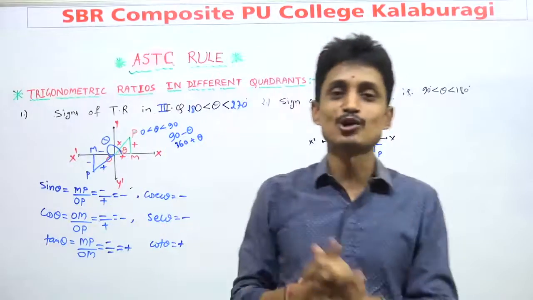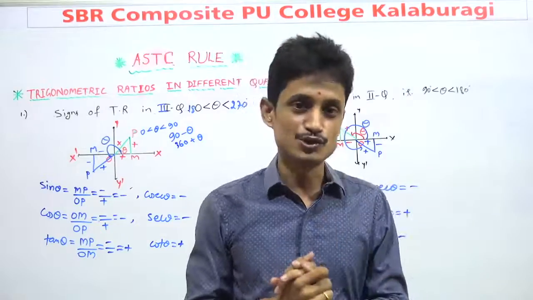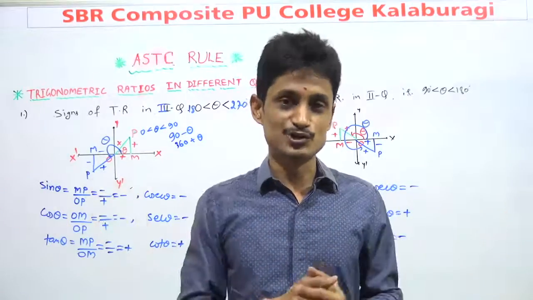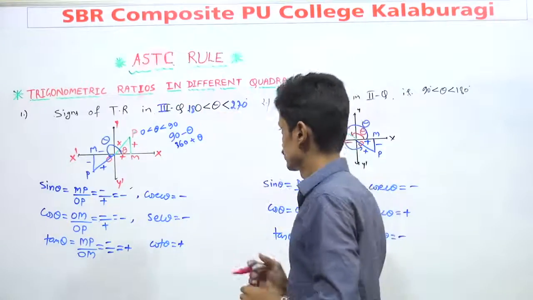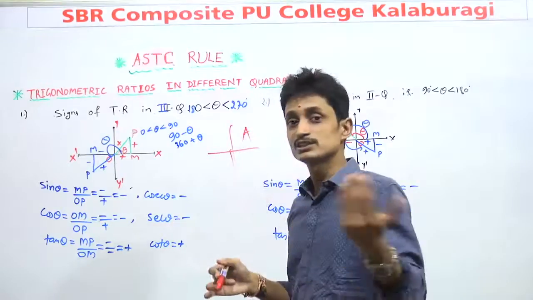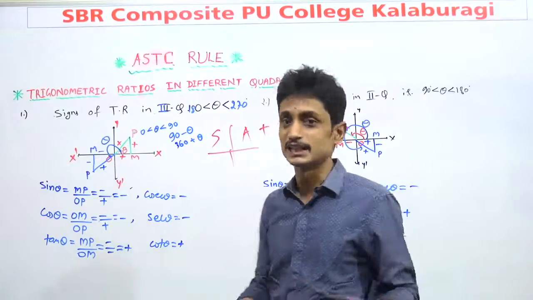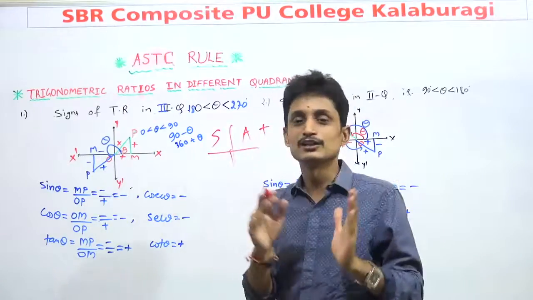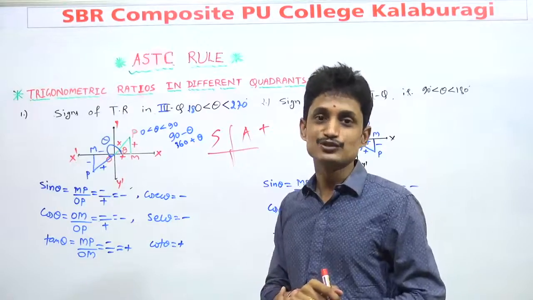In each quadrant, excepting the first quadrant, two ratios are positive, and the remaining four ratios are negative. That's why we call it the ASTC rule. It means all six ratios are positive in the first. Here S means sine, and the sine as well as its reciprocal cosecant is positive.